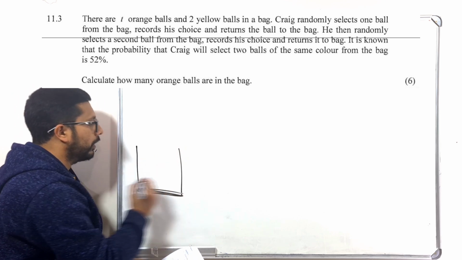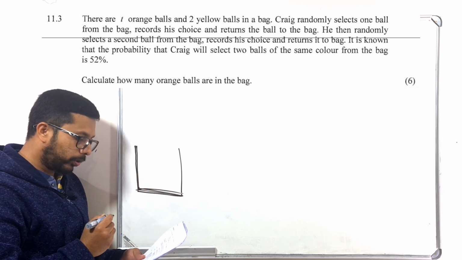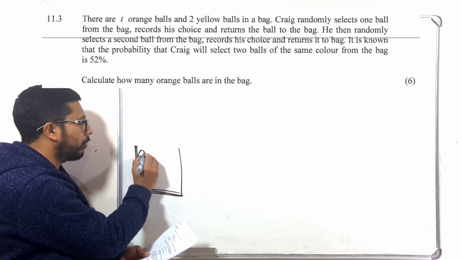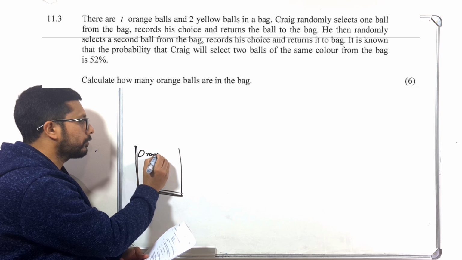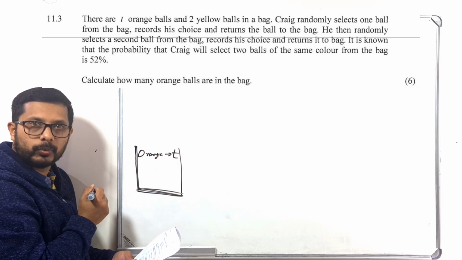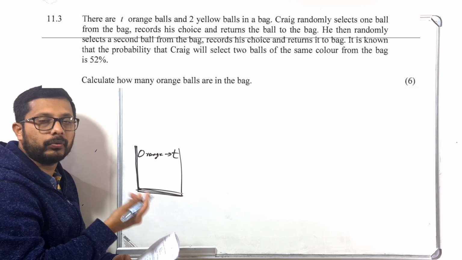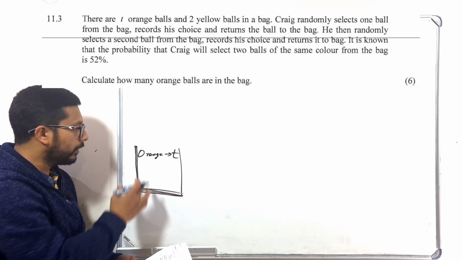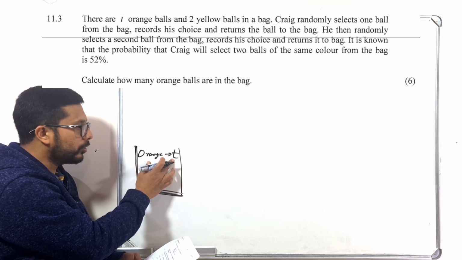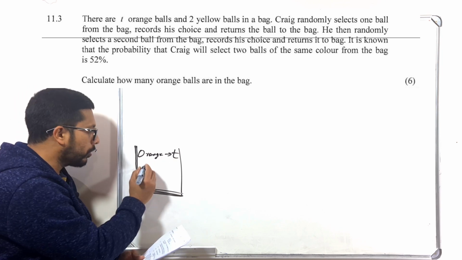In this bag, how many orange balls are there? 2 orange balls. It is not given as 5 or 4 or 3, like that. They are saying 2 orange balls. How many yellow balls are there?